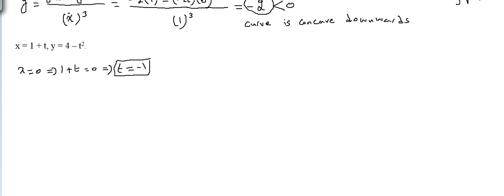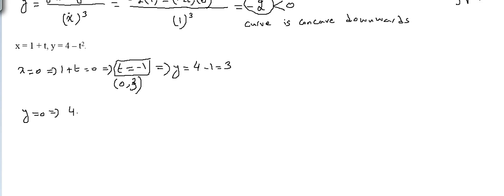For t equal to minus 1, y equals 4 minus 1 squared, so it's 4 minus 1, and y is equal to 3. So at t equals minus 1, we have a point of abscissa 0 and ordinate 3. This is the y-intercept.